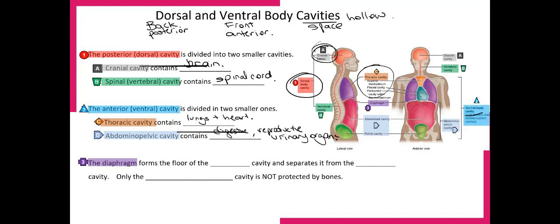The thoracic cavity is separated from the abdominal pelvic cavity by the diaphragm. So the diaphragm forms the floor of the thoracic cavity and separates it from the abdominal pelvic cavity.